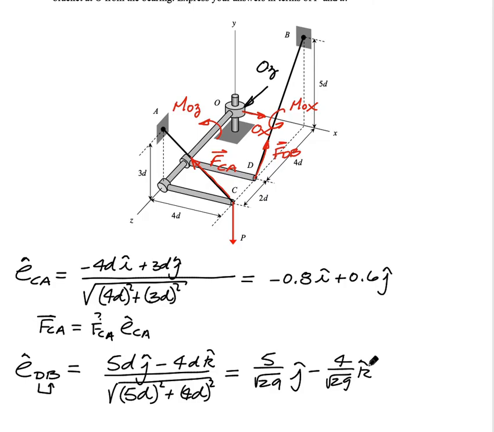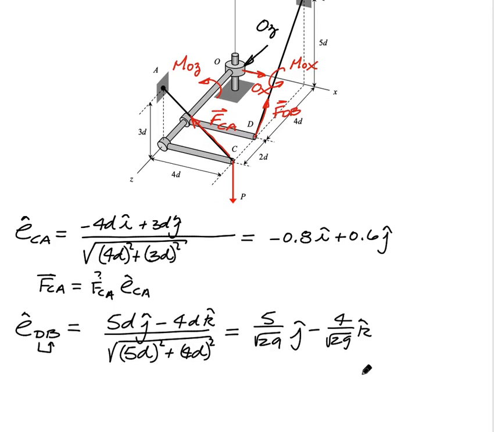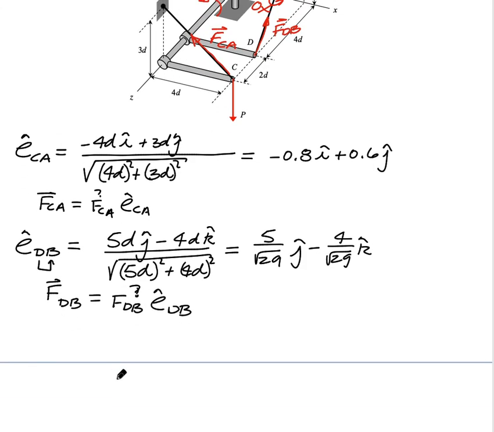And again, the reason I'm writing this down is that I want to be able to write the force of cable DB on the bracket. That's going to be the unknown tension force FDB times this unit vector which we now found, which goes from D to B. Okay.